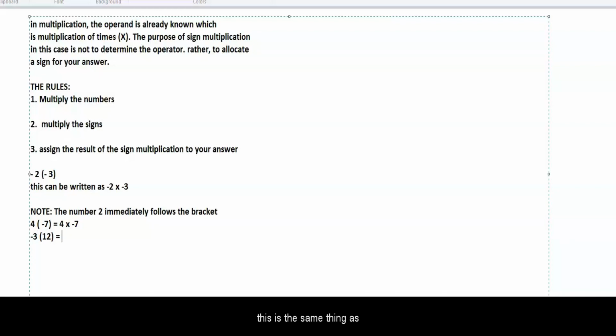This is the same thing as minus 3 multiplied by 12. Minus 5 bracket open 6 bracket close. That's minus 5 times 6.